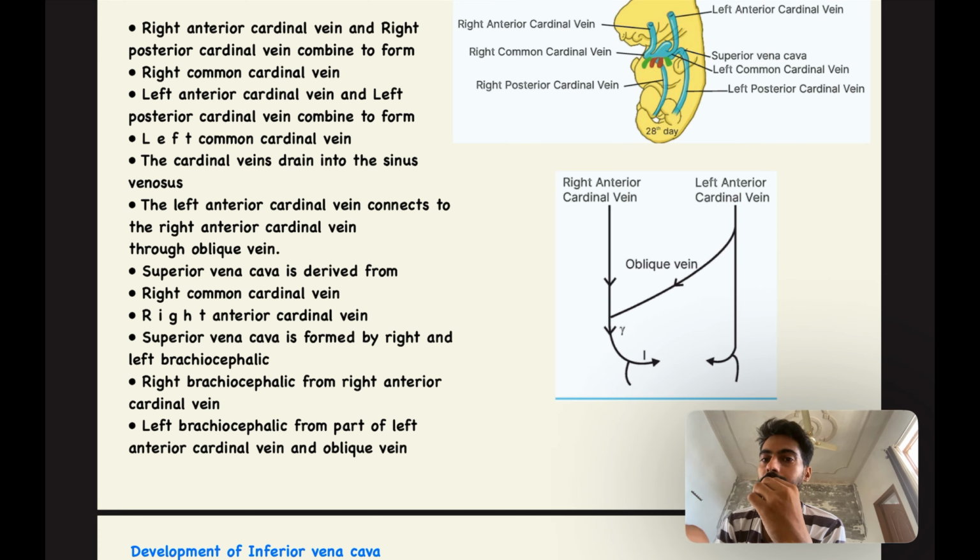Now the superior vena cava is derived from the right common cardinal vein and the right anterior cardinal vein.